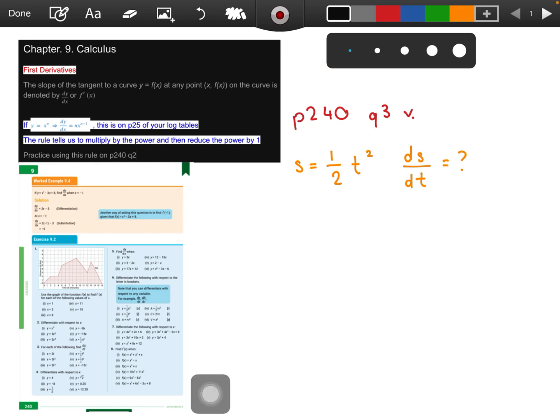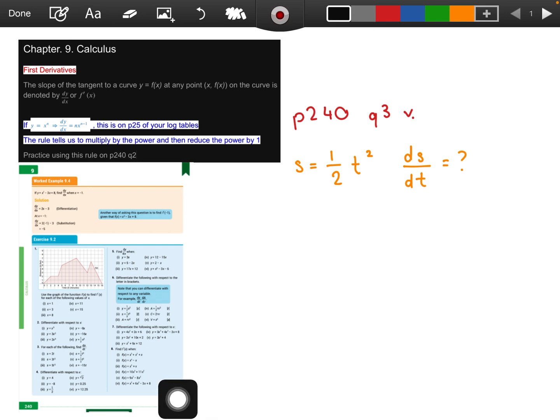So here I have s, and I need to differentiate it in terms of t. I have t here being squared. I don't really look at this half, that's just a constant in front. When I differentiate, I only look at the powers on this letter here, the t or usually the x. So ds dt equals, I have my half there, and then I want to differentiate this t squared.